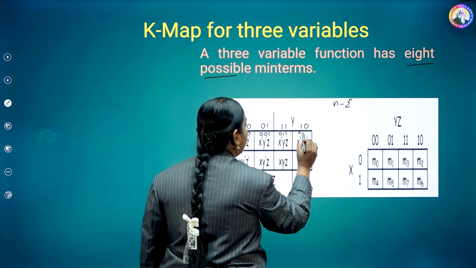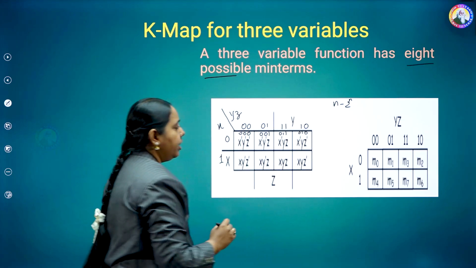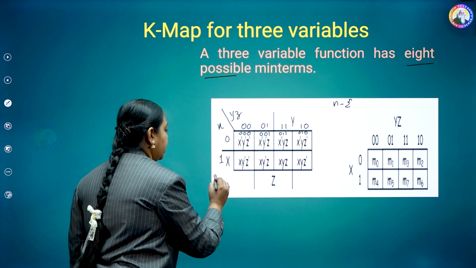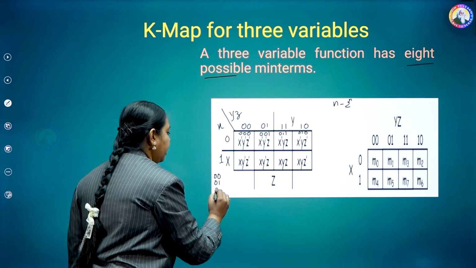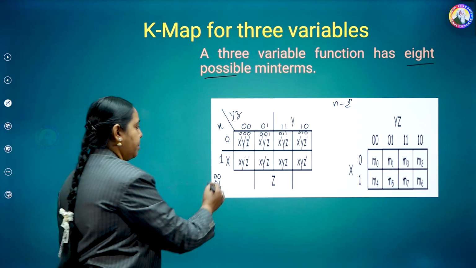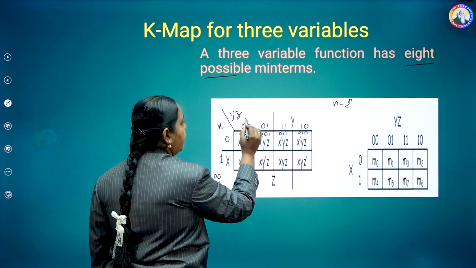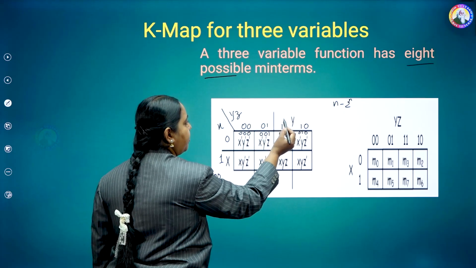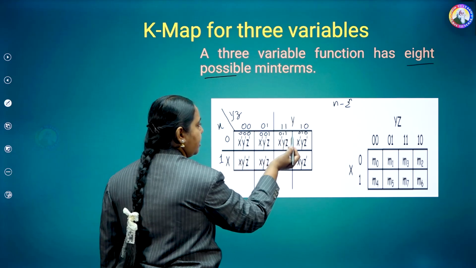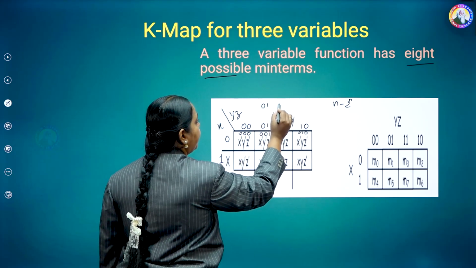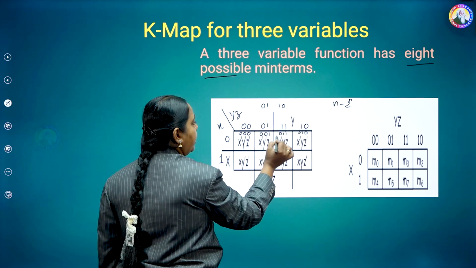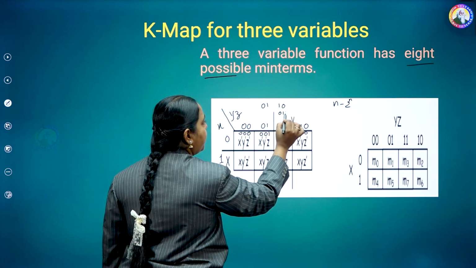Next, 0, 1, 0. Suppose we write the combinations like 0, 0, 0, 1, 1, 0, 1, 1. Actually, we will not write in this form. If I write 0, 0, 0, 1, 1, 0 and 1, 1 like this, and compare the second and third adjacent cells, 0, 1 and 1, 0, the value of this cell is 0, 0, 1 and the value of this cell will become 0, 1, 0.